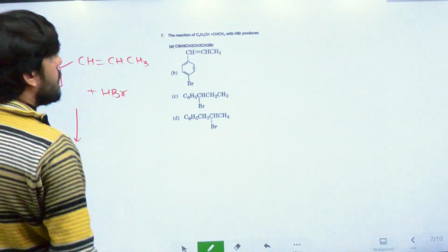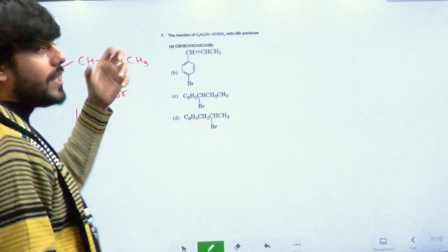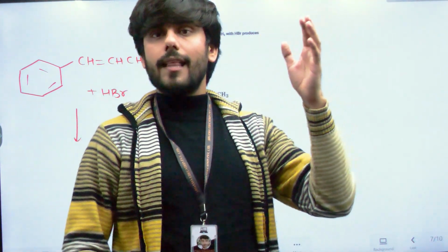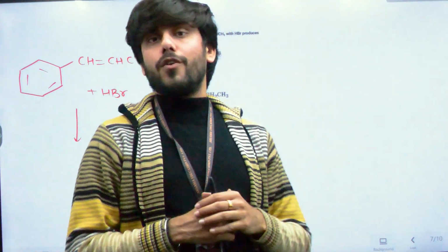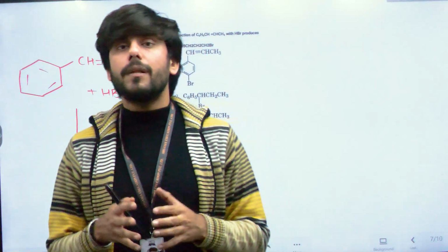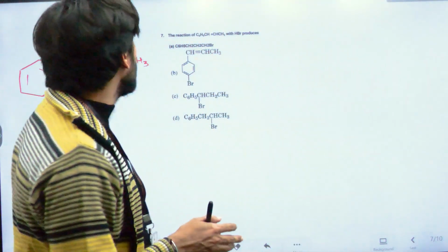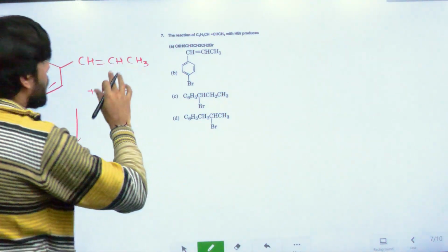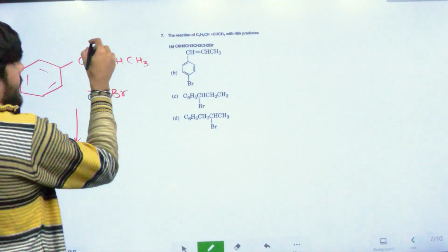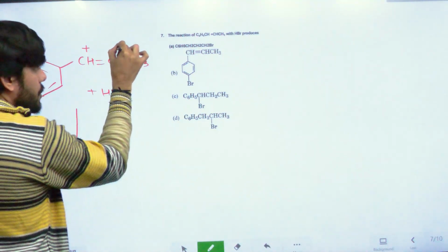Now in this case, let us proceed via the formation of a carbocation, and then look at its stability, that is, whether there is any possibility of rearrangement so that I can end up with an even more stable carbocation. So I have two possibilities. I can have positive over here, or I can have positive over here.